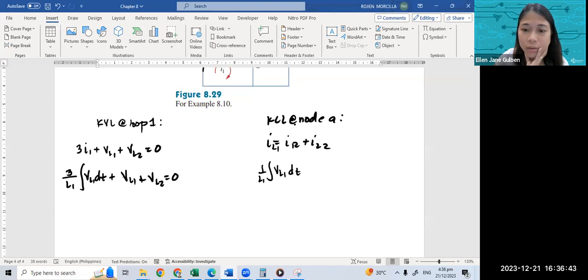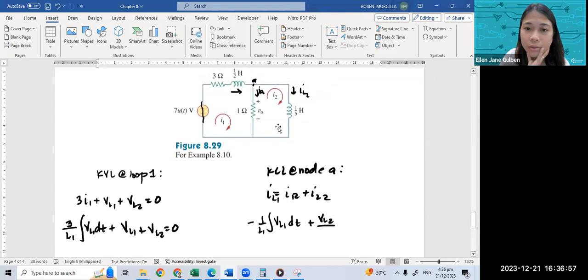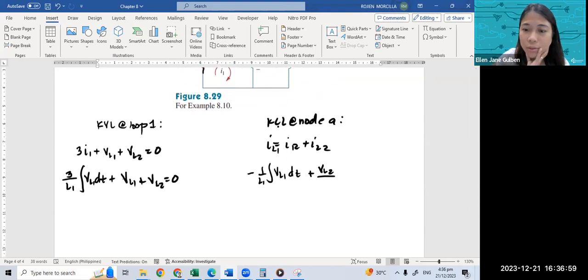Negative plus VL2 over R. R is equal to 1 ohm. Plus 1 over L2 integral of VL2 dt.